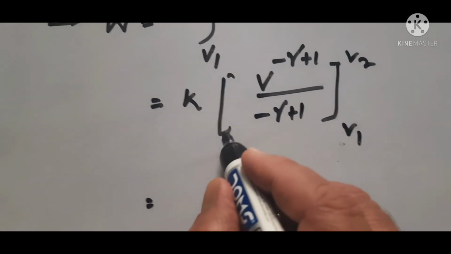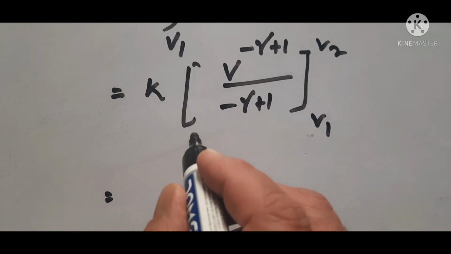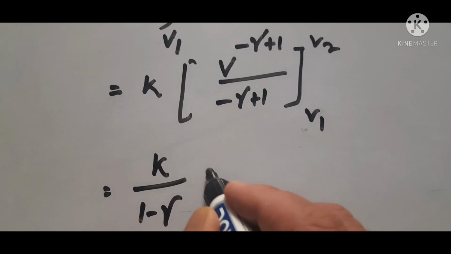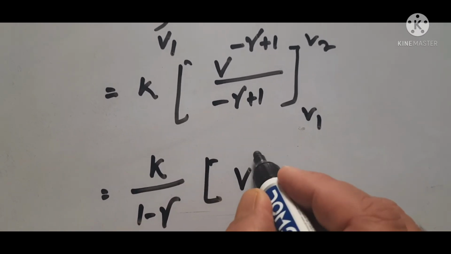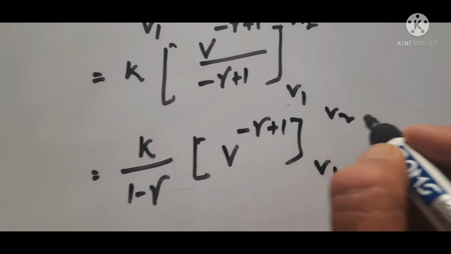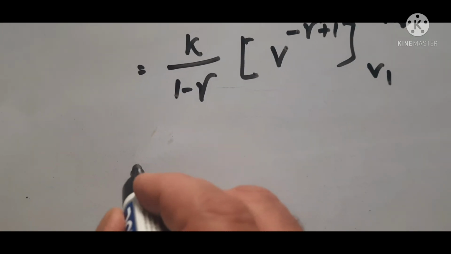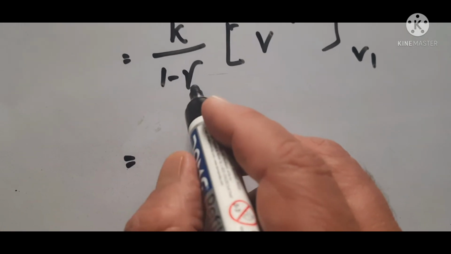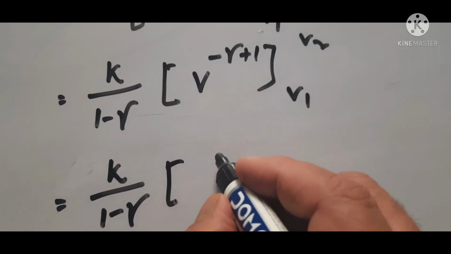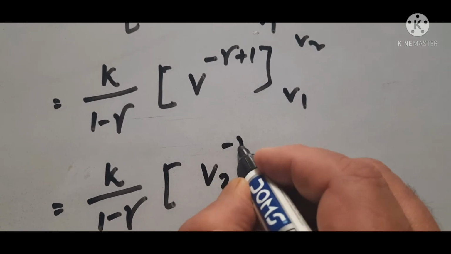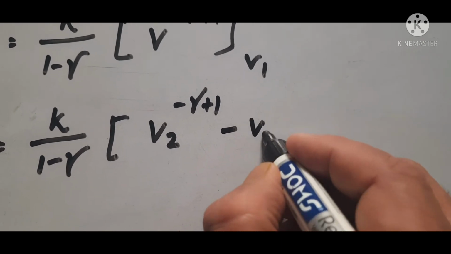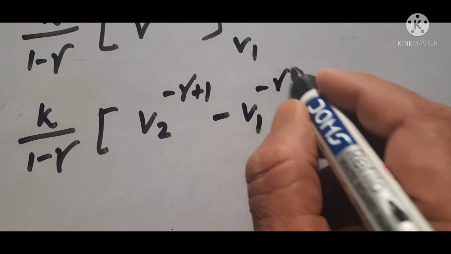So take this out of the bracket: K by 1 minus gamma within bracket V to the power minus gamma plus 1, V1 to V2. This we can write in this manner. Now K by 1 minus gamma, put the upper limit, V2 to the power minus gamma plus 1, minus V1 to the power minus gamma plus 1.